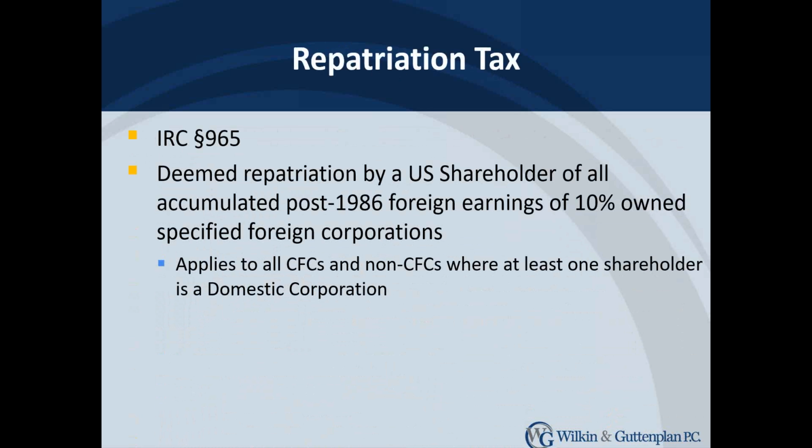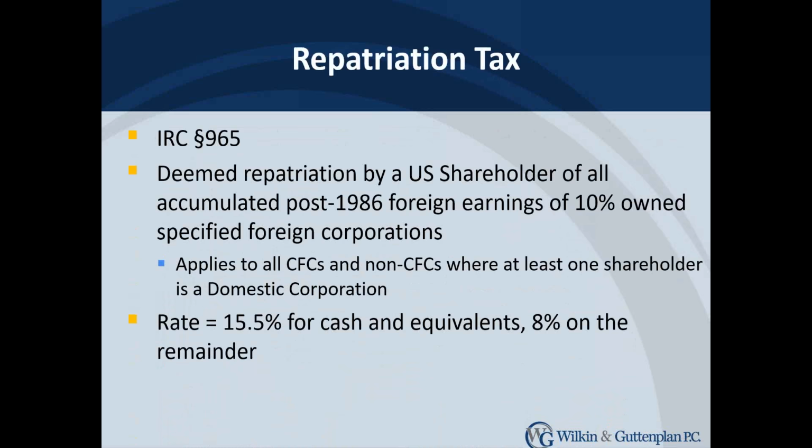When we talk about income inclusion of all of these accumulated earnings and profits, and we talk about a reduced tax, we need to talk about what that reduced rate is. The reduced rate equals 15.5%. It's a twofold rate: 15.5% for cash and cash equivalents, and 8% on the remainder. The question then becomes, what are cash and cash equivalents?